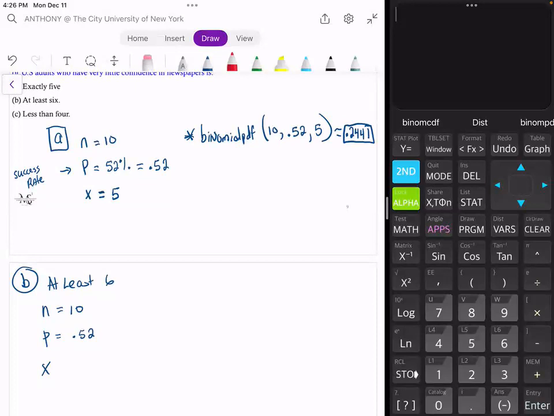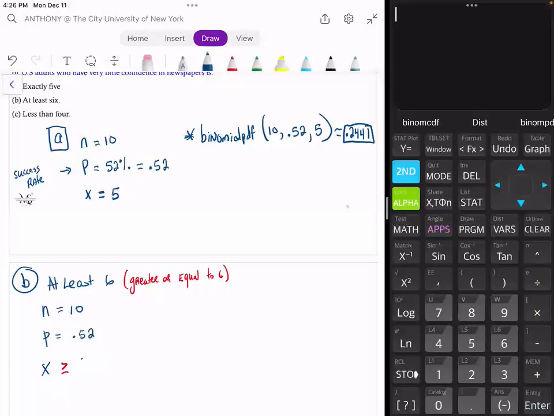Mathematically, at least means greater or equal to, right? So at least 6 basically means greater or equal to 6. So mathematically, we use the greater than symbol with the equal sign underneath.